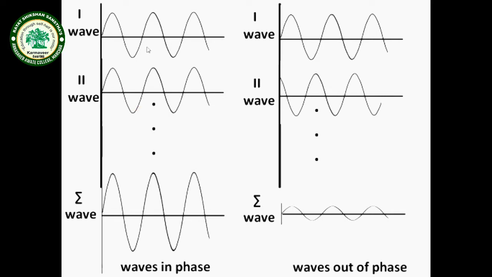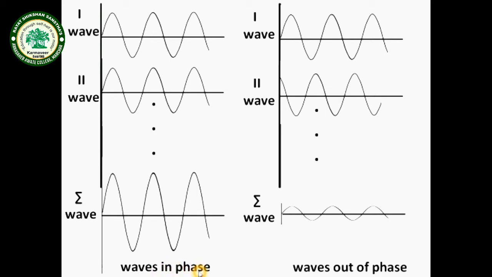When two or more waves are in phase, their resultant amplitude is the addition of the individual amplitudes, greater than that of the individual amplitude. When this is the case, we say that the waves meet in phase.